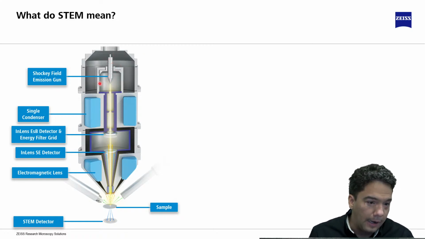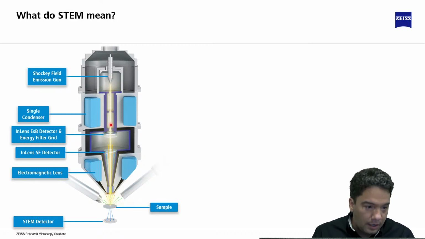We have a Schottky emission gun, which produces the electrons, accelerated through the column, and when the electrons reach the sample, they go through the sample, and with a special detector we are collecting the electrons and the interaction between the electrons and the sample. Then we can create an image from this sample, okay?